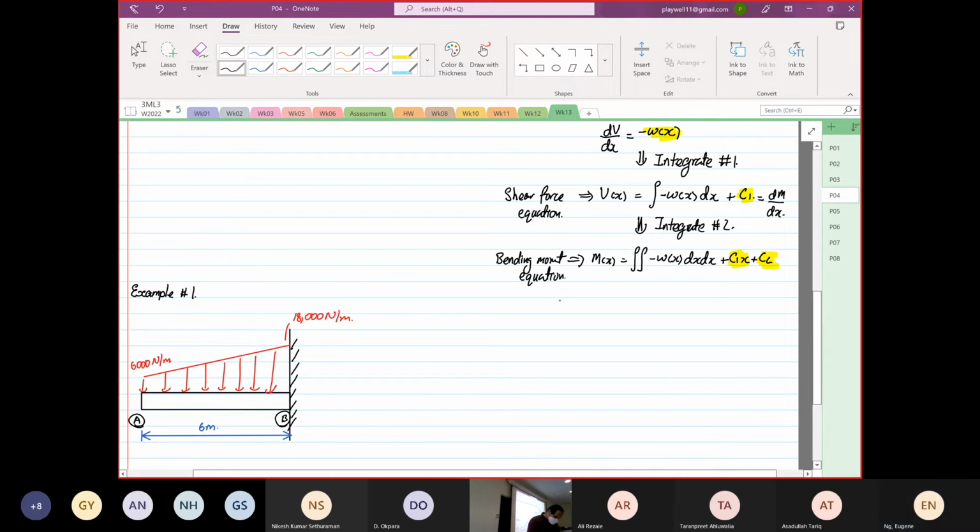So C1 and C2 are constants and can be determined from boundary conditions.